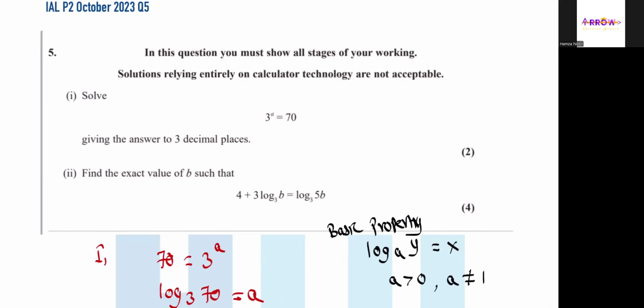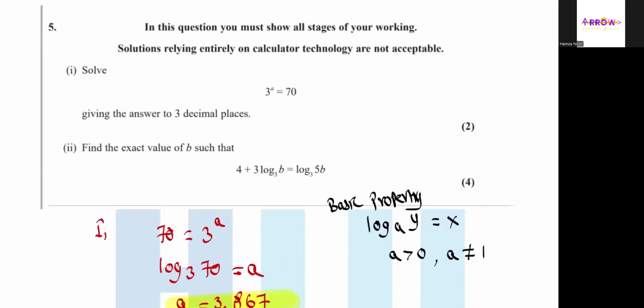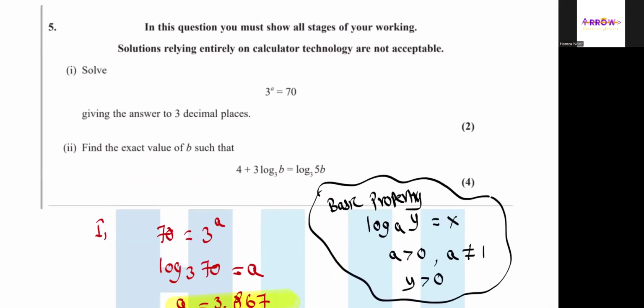The argument should be positive, y should be more than 0. This is the basic property which you always need to remember.